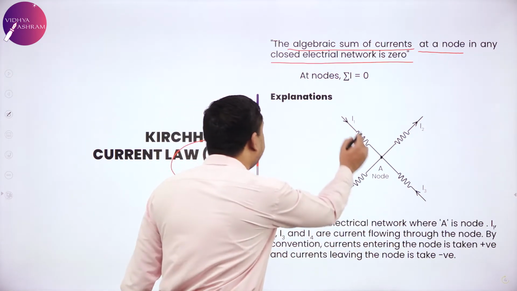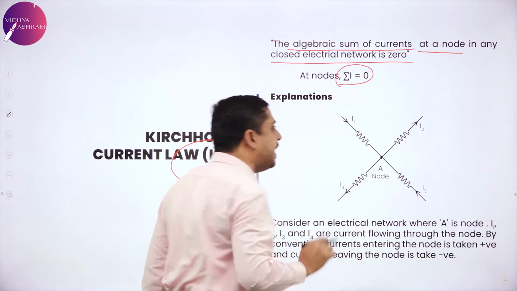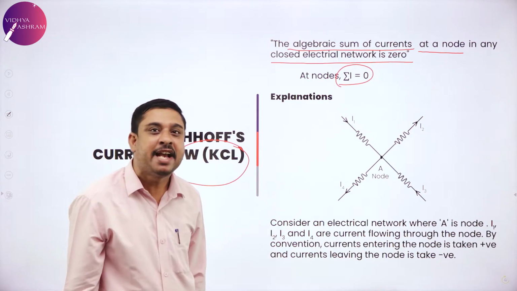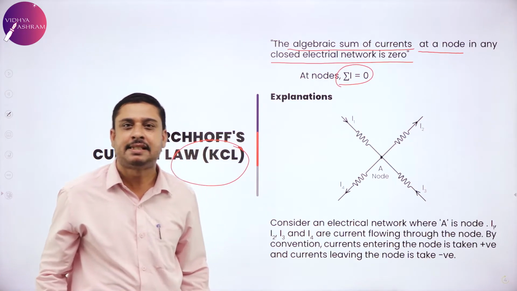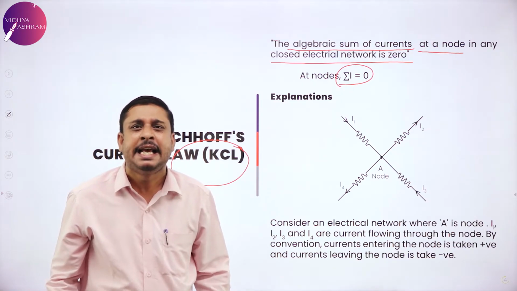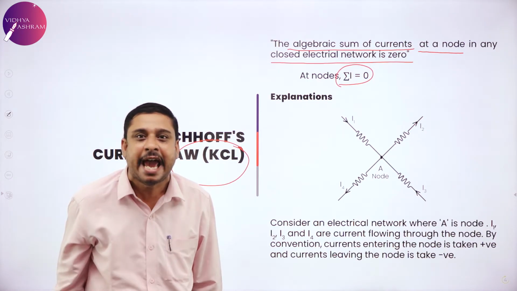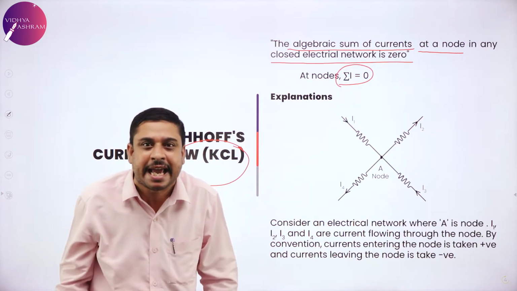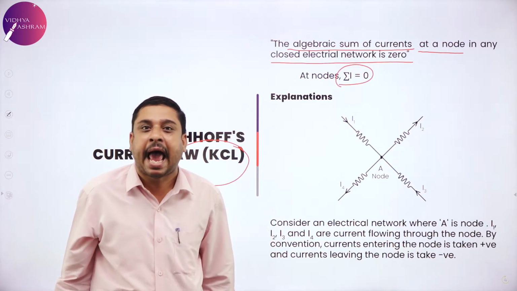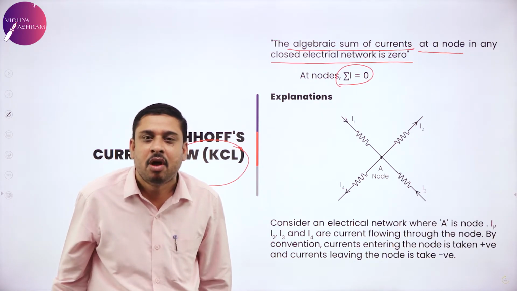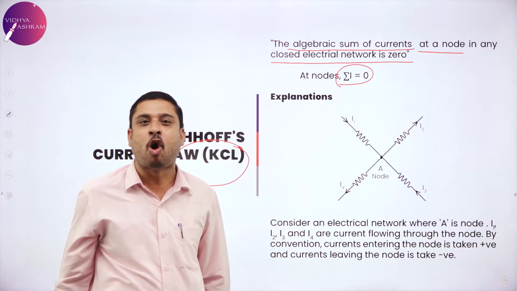Or mathematically we write, at the nodes of an electrical network, summation I is equal to 0. Please understand, consider any node in an electrical network. Their summation I has to be 0, which means the algebraic sum of currents at that node should always be 0.